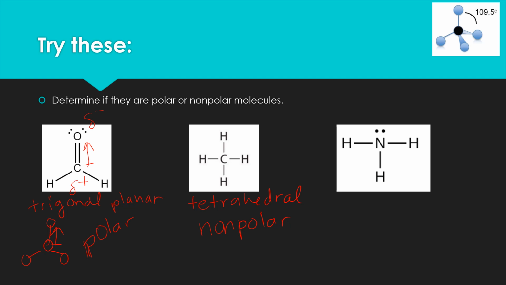Now let's do a second example with this one, just as a side note. Say I changed one of my hydrogens into a fluorine atom. Now fluorine is very electronegative, so we would get a polar bond created between that carbon and that fluorine.